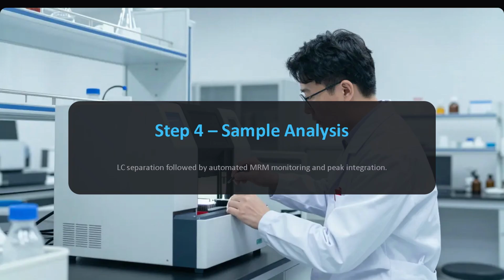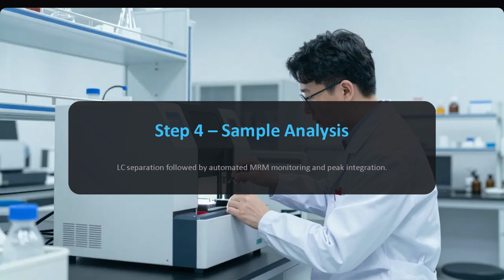After calibration, the actual sample analysis begins. Most workflows combine liquid chromatography with mass spectrometry, commonly known as LC-MS. The liquid chromatography system separates compounds present in the sample before they enter the mass spectrometer. This step reduces interference and improves detection accuracy.